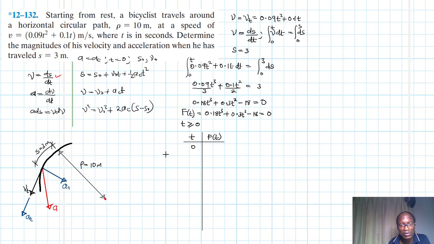So when my t is 0, let me plug in this equation in advance in my calculator. T squared times 0, plus 0.3 times 0 to the power 3, minus 18.